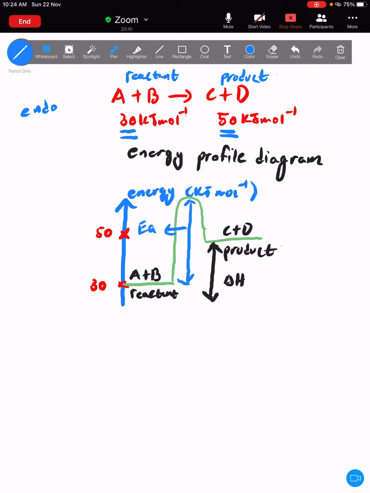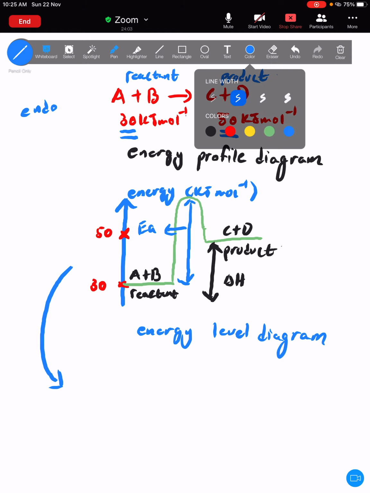Okay, just now Ryan asked about the energy level diagram. Okay, guys, let's change this to energy level diagram. Actually, Ryan, it doesn't have much difference. The energy level diagram doesn't have the EA, that's all. How to plot the graph is quite simple.